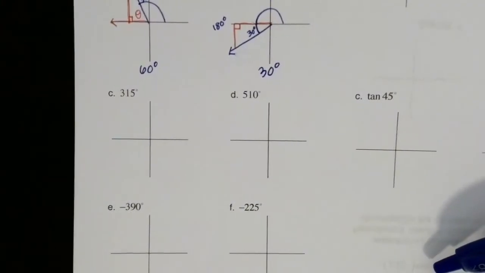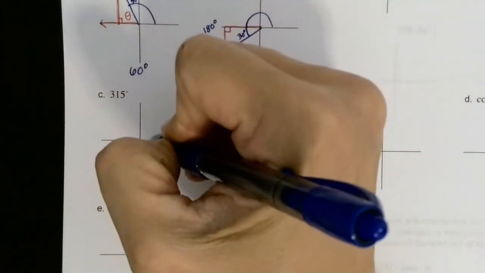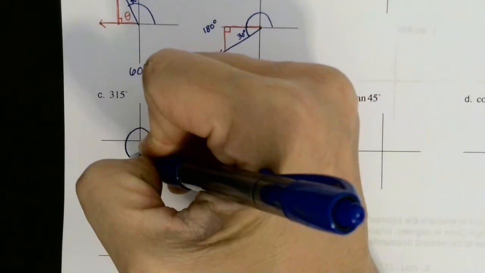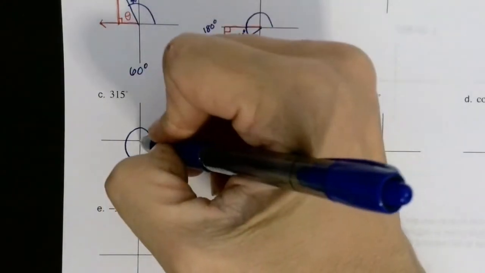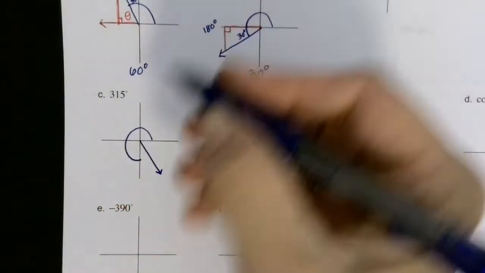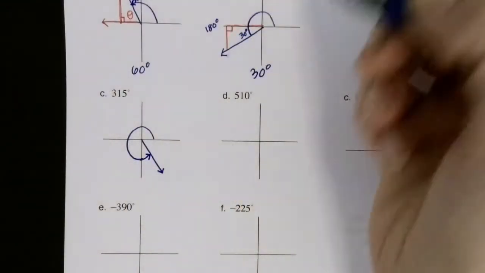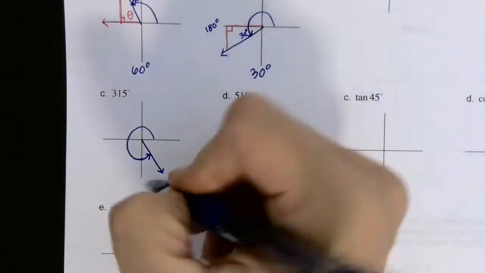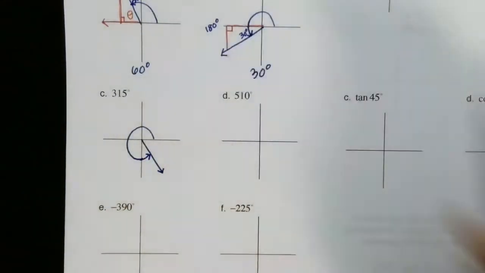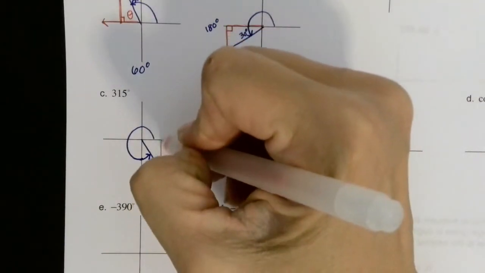All right, let's do 315 degrees. So 90, 180, 270, and then halfway in between right there is 315 degrees. Then I have to connect it back to the x-axis. So in this case, I have to go up.